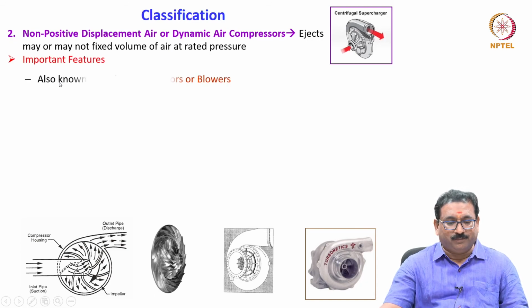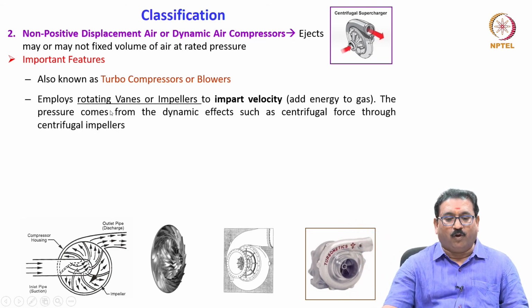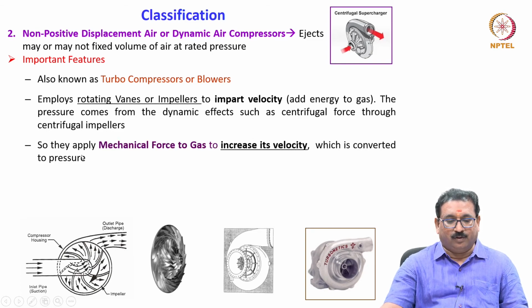An important feature here: it is also known as a turbo compressor or blower. The objective is producing a large amount of flow, not pressure. It employs rotating vanes or impellers to impart velocity, that is, to add energy to the gas. The pressure comes from the dynamic effect such as the centrifugal force through the centrifugal impellers. So, they apply a mechanical force to the gas to increase the velocity, which is converted to pressure.